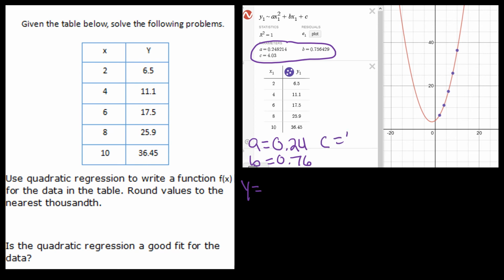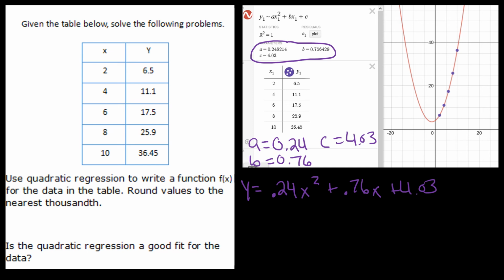And C equals 4.03. So when we substitute into our equation, we'll say 0.24x squared plus 0.76x plus 4.03. And this is our line of best fit.